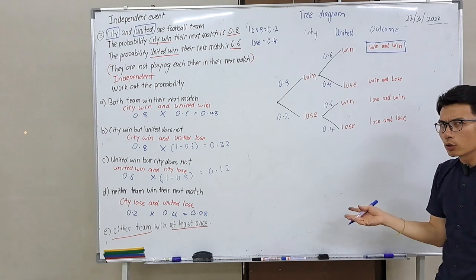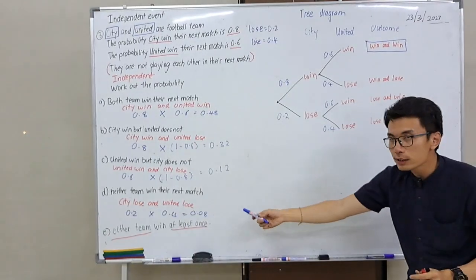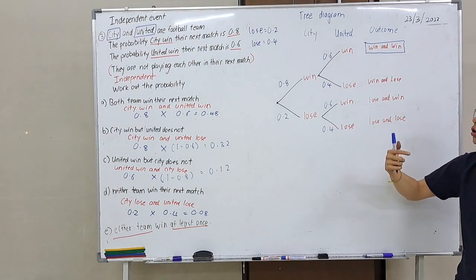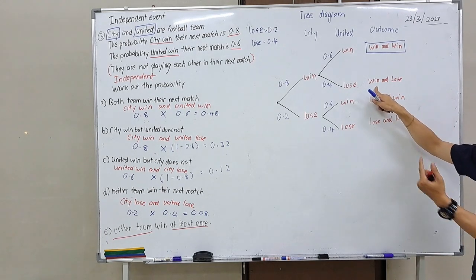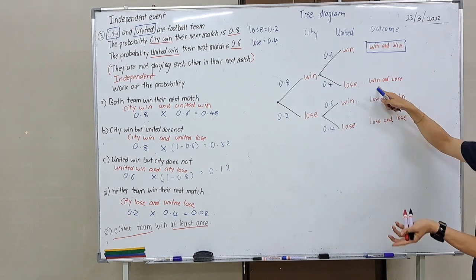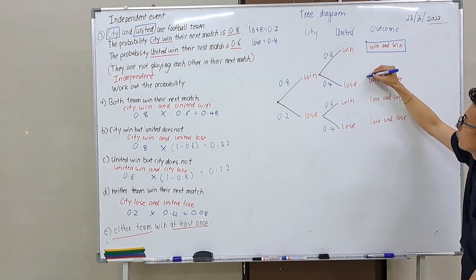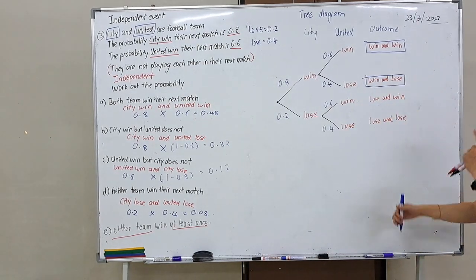But is that all the outcomes? No. Either team, right? Let's look at the second one. Either team wins, so it can be City or United. In this case, City wins while United loses, so either team wins at least once. We're including this as well.